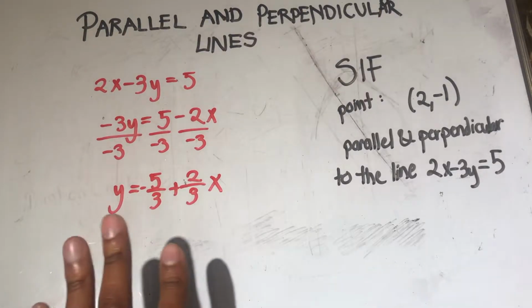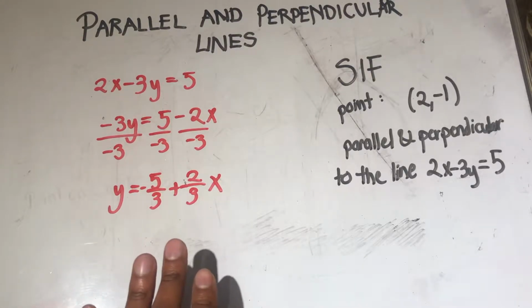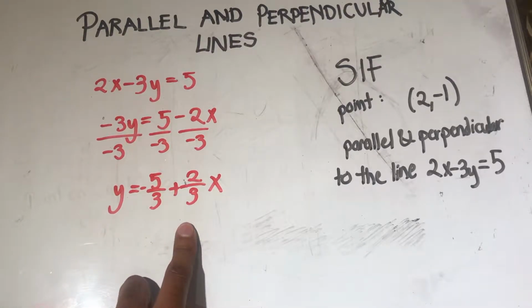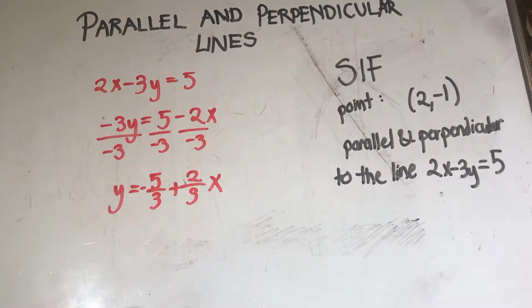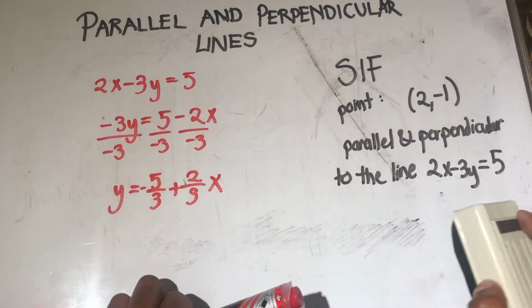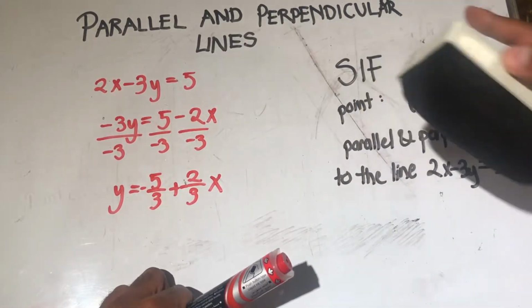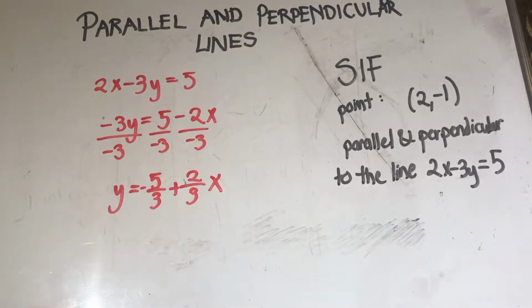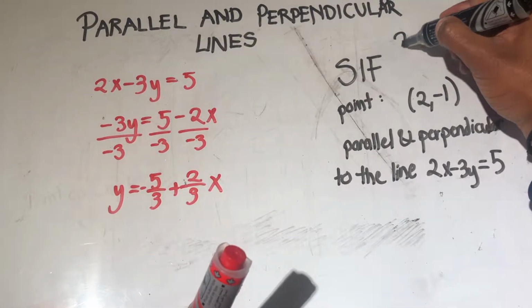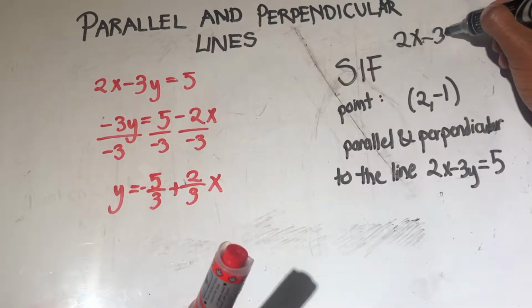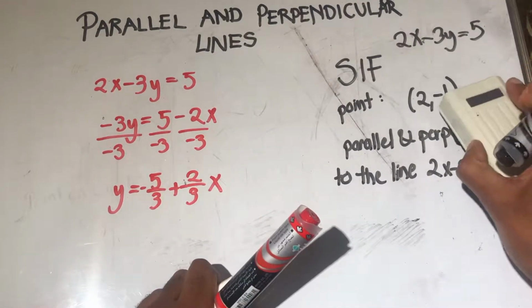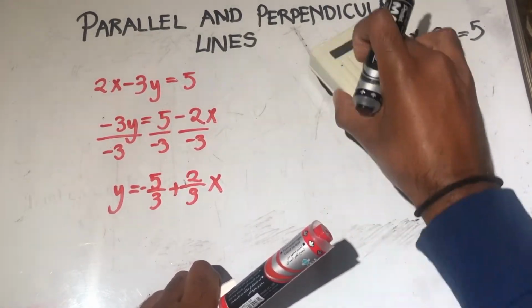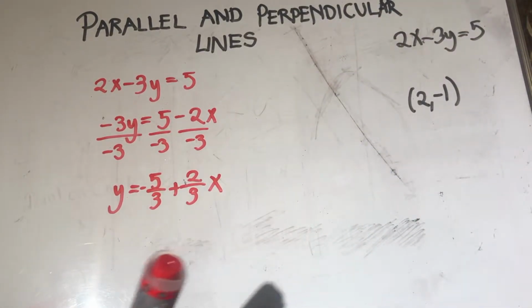Now, any parallel line to the given line must also have the slope of 2/3. So the line going through the point 2 and -1 that is parallel to the given line has the following equation. I'm just going to write this line up here: 2x minus 3y equals 5. And then I'll just keep this point right there.